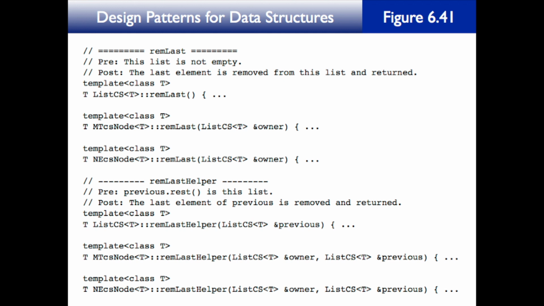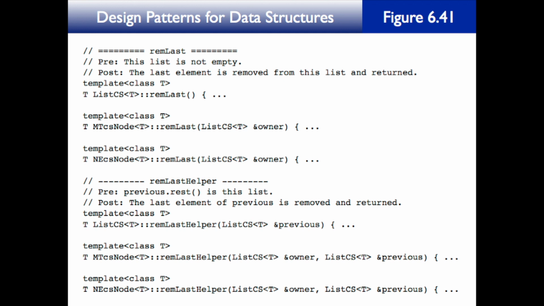So for the list, the previous._rest is this list, and the postcondition is the last element of previous is removed and returned. So how in the world is the remLastHelper method going to have access to previous? Well, it's passed as a parameter in the parameter list.